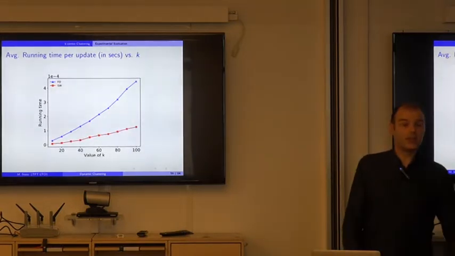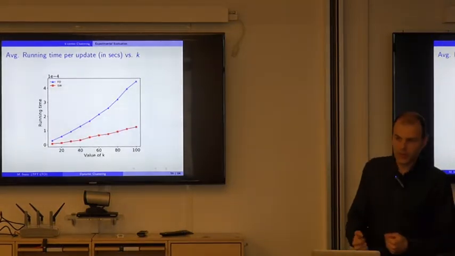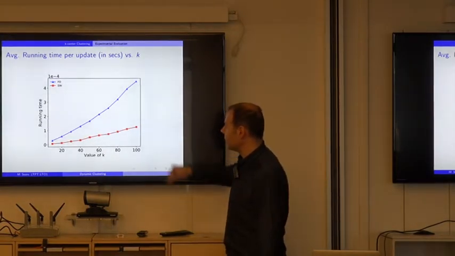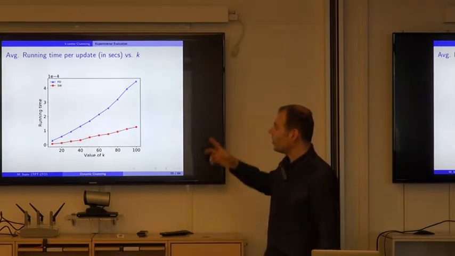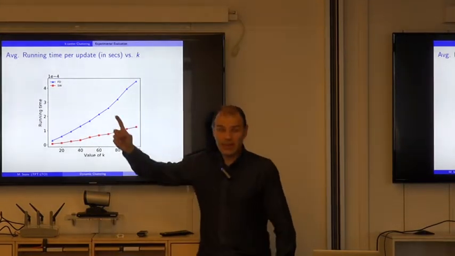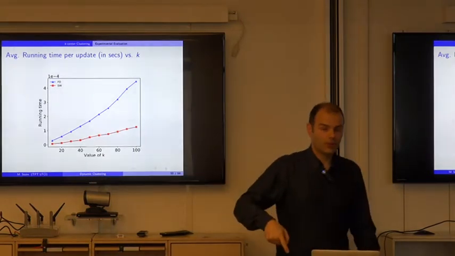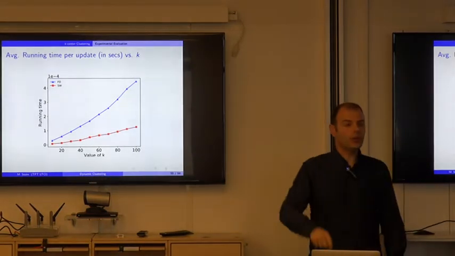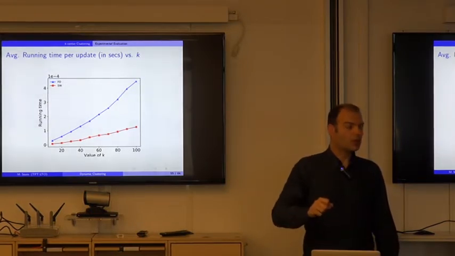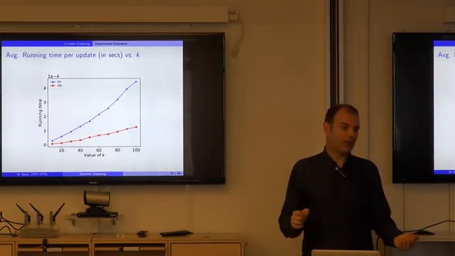Here we compare the running time, which is also one of the things I'm proud of. Our algorithm is the blue curve, the other one is the red curve. It's true that here we are slower, but we are still talking about half a millisecond per update. So whenever you remove a point, on average, it takes less than half a millisecond to update your clustering.